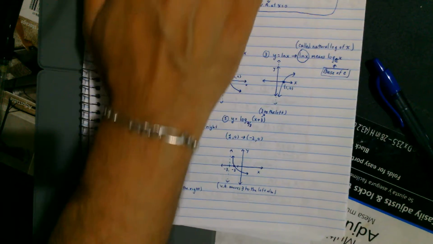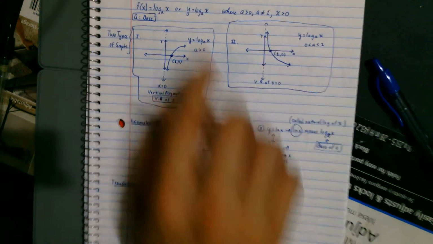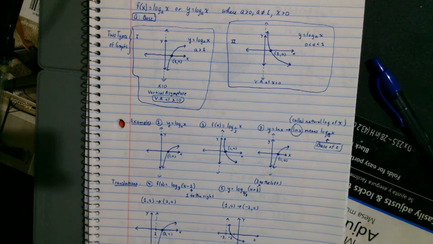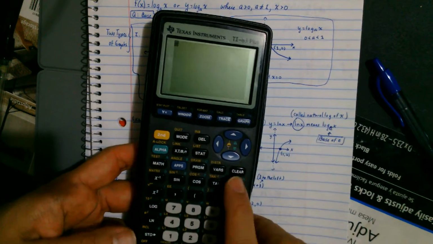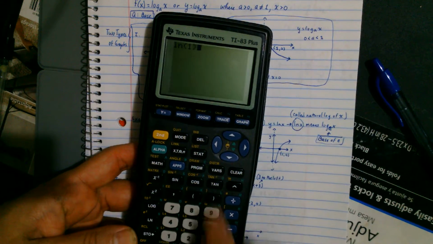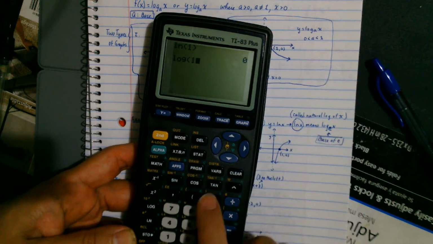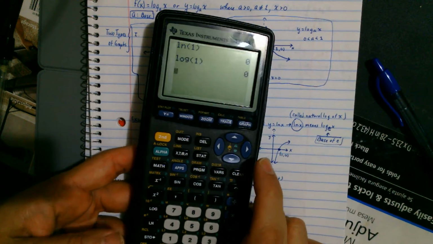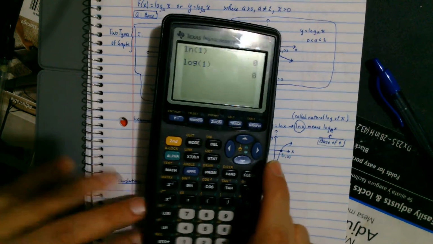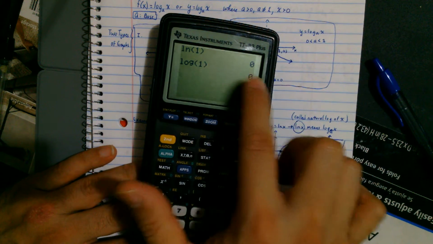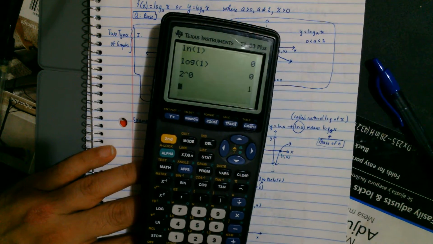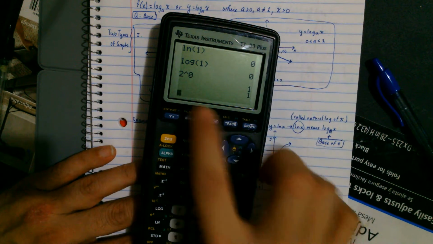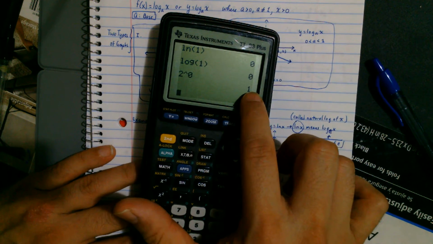So it's going to turn out that all these guys are going to pass through 1, 0, because the logarithm of 1 is 0. For exponents, remember the critical point was 0, 1, because when you raise it to the 0 power, you get a 1.